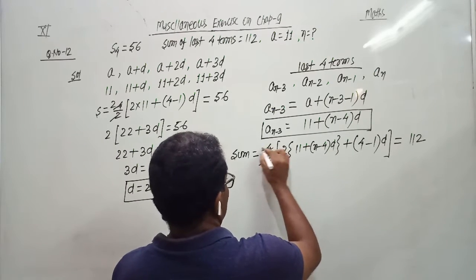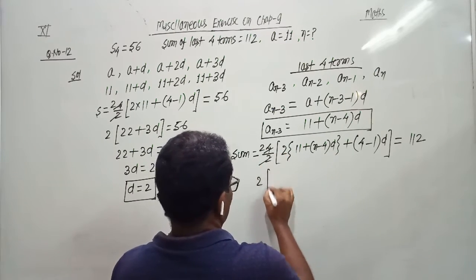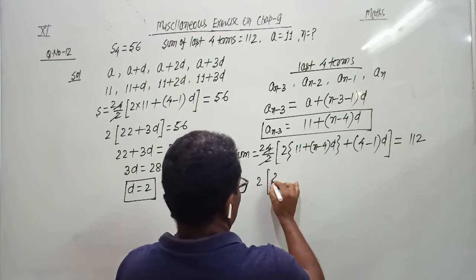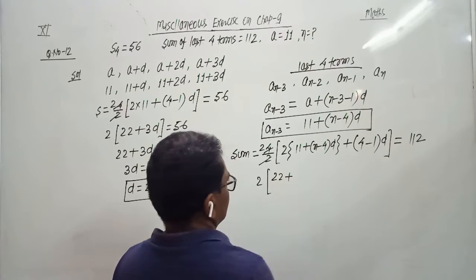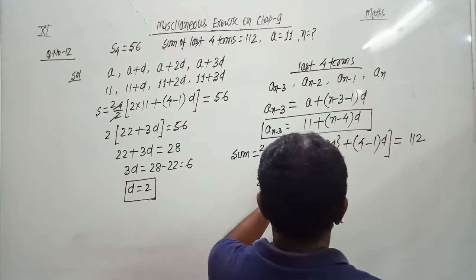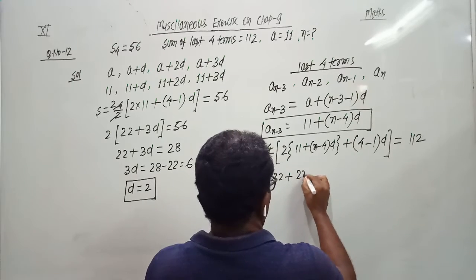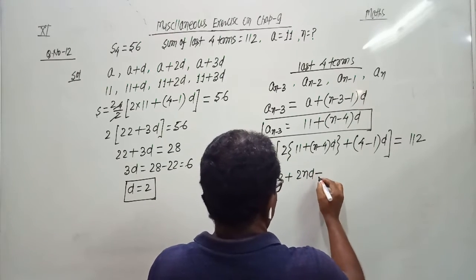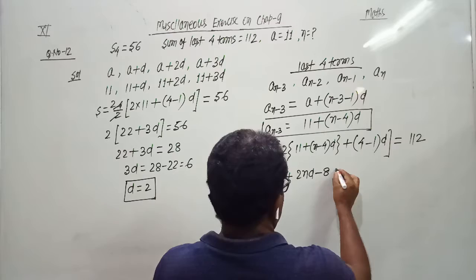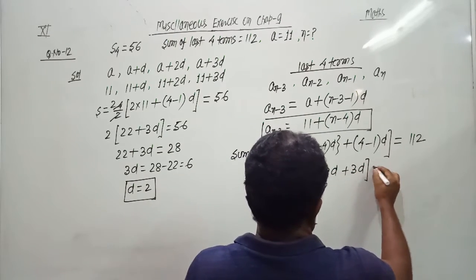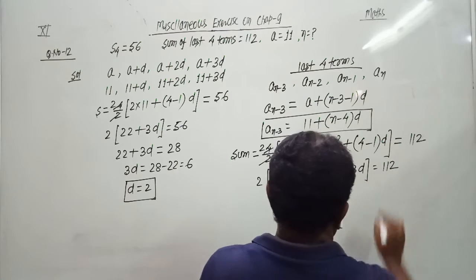So it gives 2 into the bracket 11 into 2, 22, plus 2n minus 8d, and plus 3d, and this is 112.